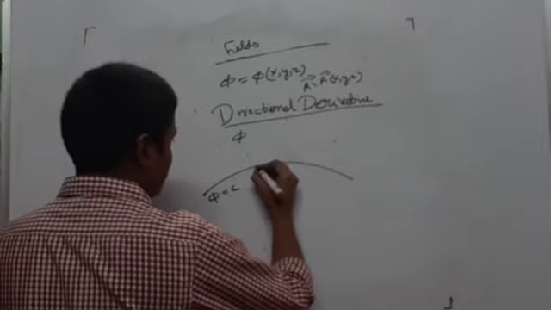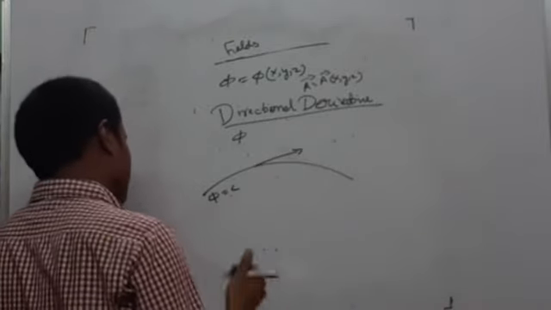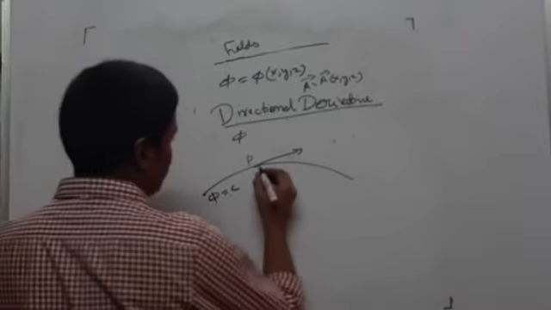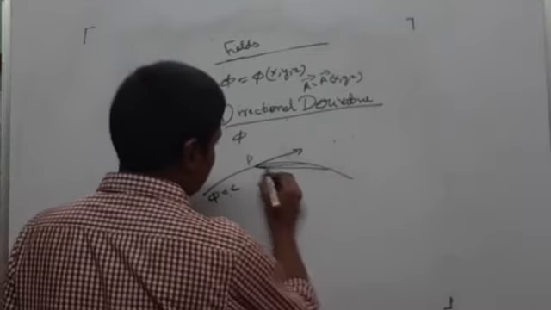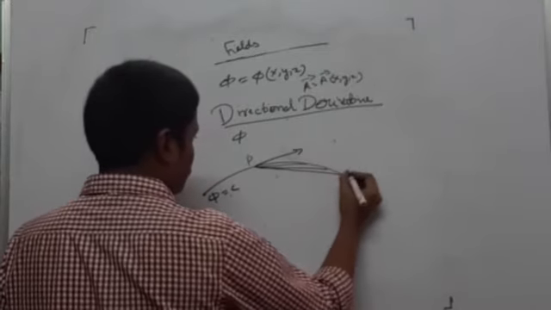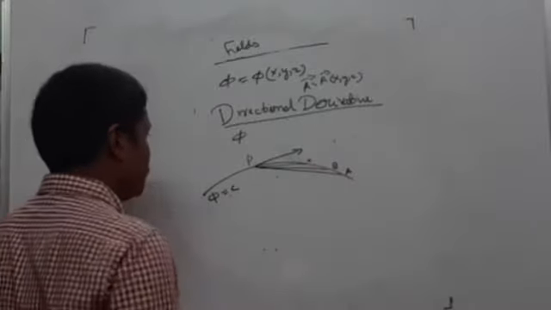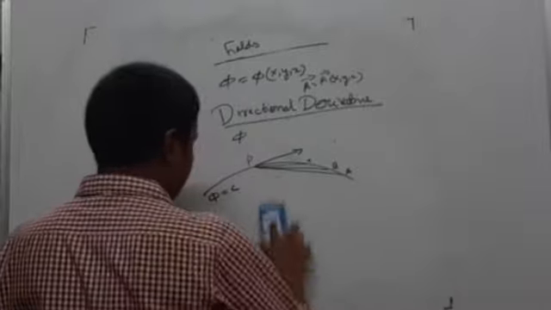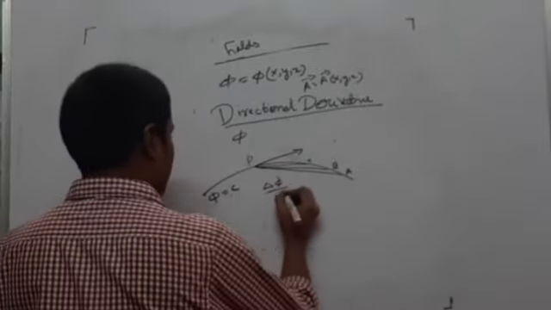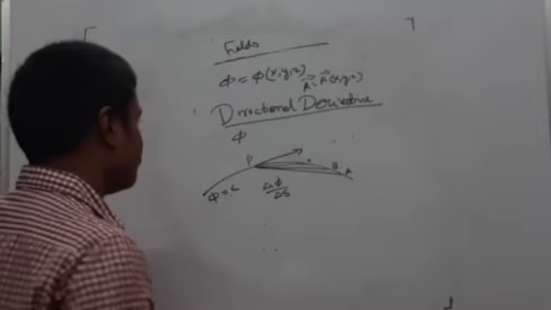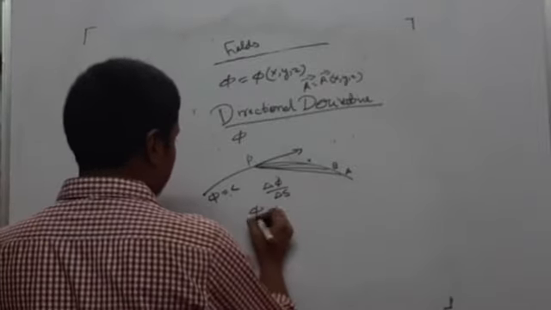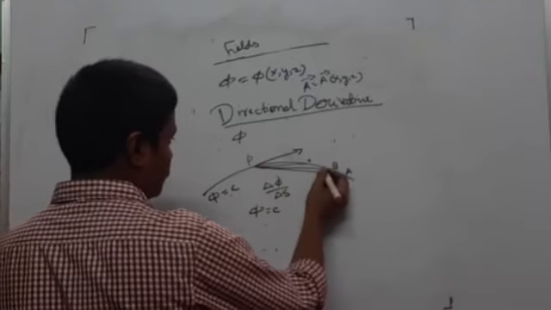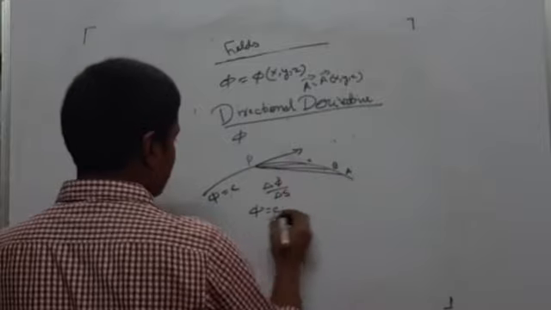Let's say I take a tangent vector at P, and let's say I take three kinds of chords, point A, point B, point C, and for each case I'm trying to find delta phi over delta s. Phi is fixed on the surface, so no matter wherever I travel on the surface, whether at B, at A, or at C, delta phi is 0.